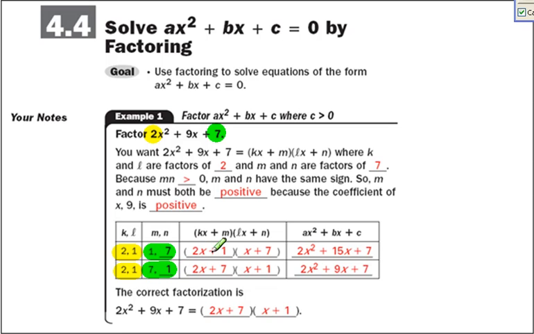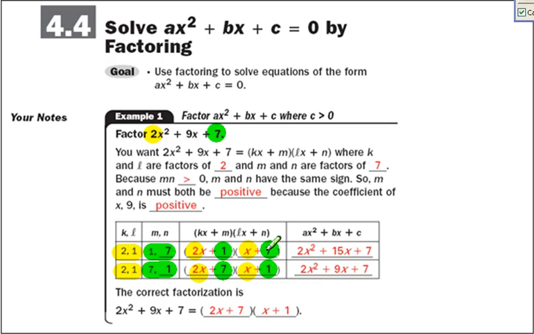So I can just start out by putting the two x's right here at the beginning and the x's in this. And I know that's the only way that can happen. And then I just try the other combinations. All right, so I try the 1 with the 2x and the 7 with the 1x, or the other way around. And to find out which one is correct, I have to FOIL both of these.